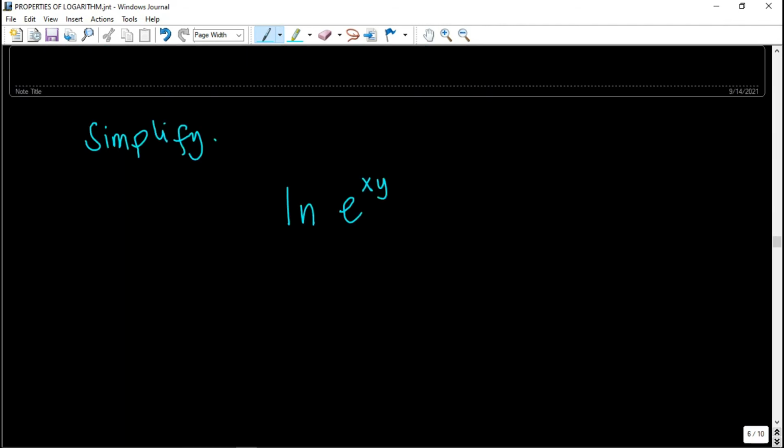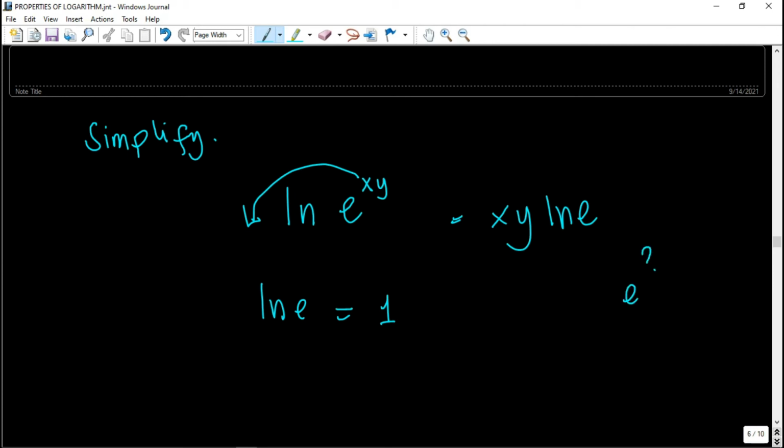Simplify ln e raised to xy. When the exponent is raised to a certain exponent, we just multiply the exponent. So we can drop down xy here. This becomes xy ln e. From the properties, ln e is just equal to 1. Recalling, if the base is e, what should be the exponent of e to get e?